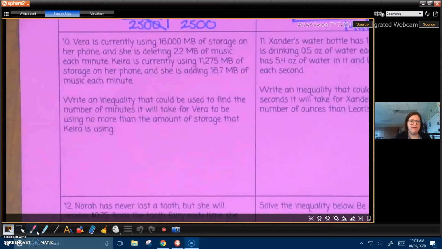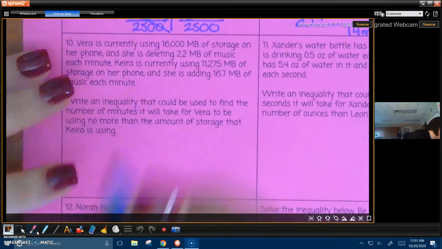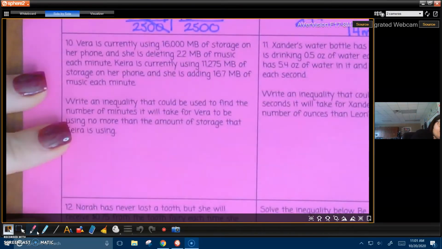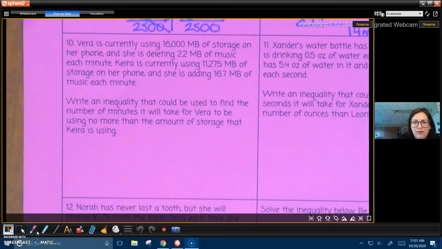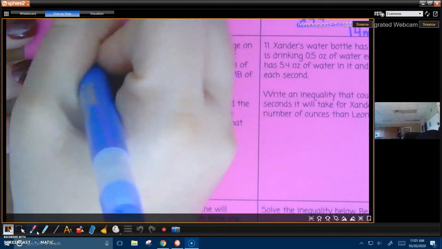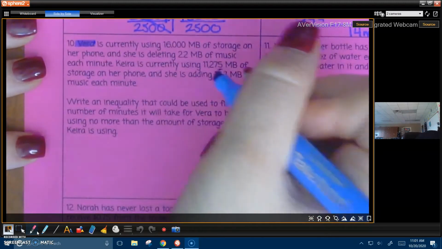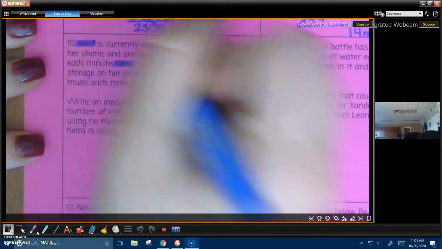All right, number 10. Vera is currently using 16,000 megabytes of storage on her phone, and she's deleting 22 megabytes of music each minute. Kira is currently using 11,275 megabytes of storage on her phone, and she's adding 16 and 7/10 megabytes each minute. So we have Vera and we have Kira.